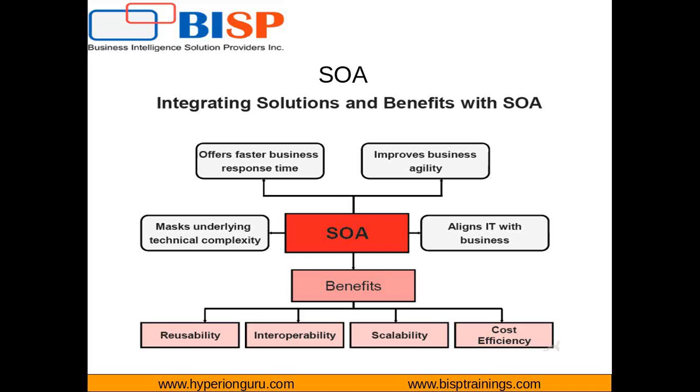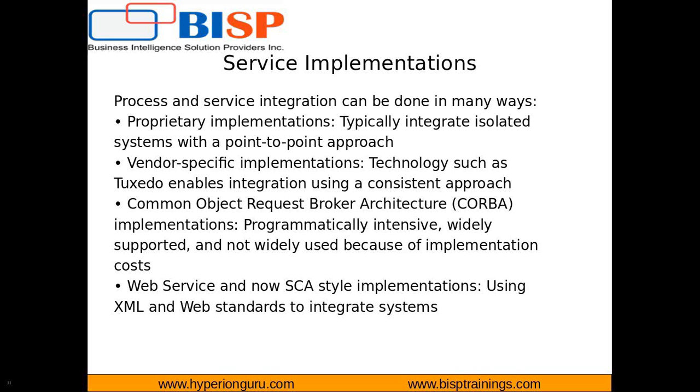Now, we've been talking a lot about service-oriented architecture, so what is a typical implementation of services? How are our processes actually implemented when we keep saying services? We'll go to the service definition, but before that, let's look at the implementations. Typically, you have point-to-point implementation, which is a proprietary implementation we saw.